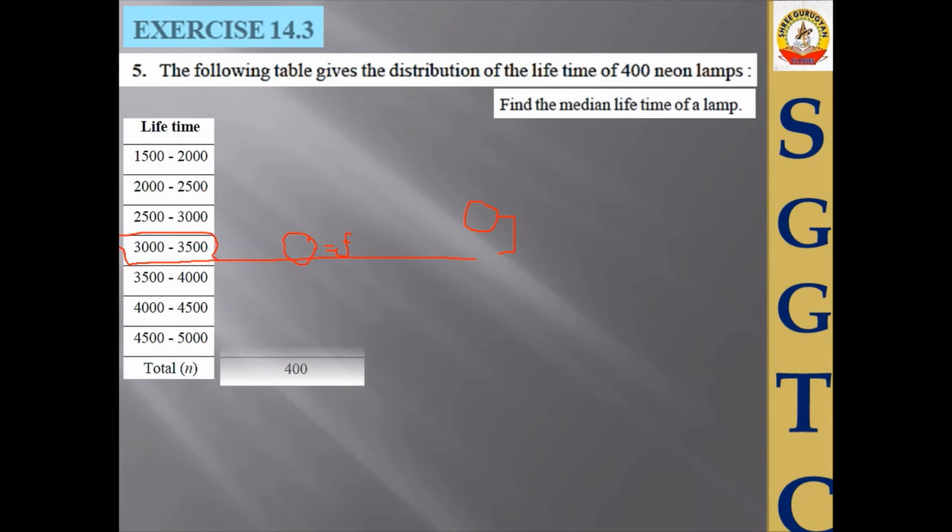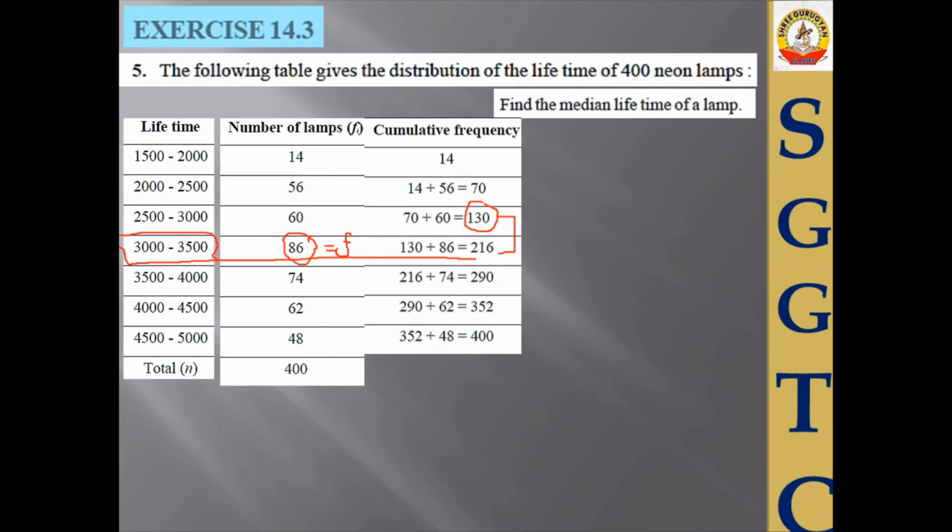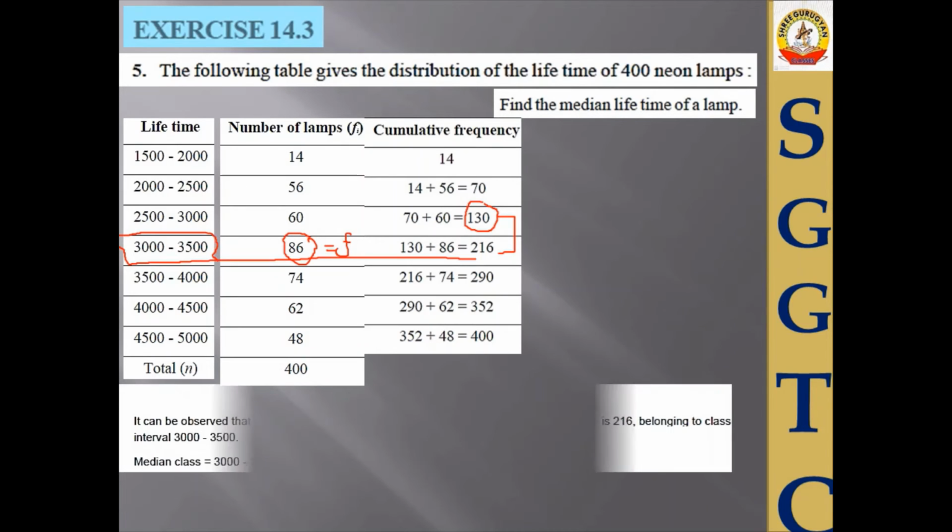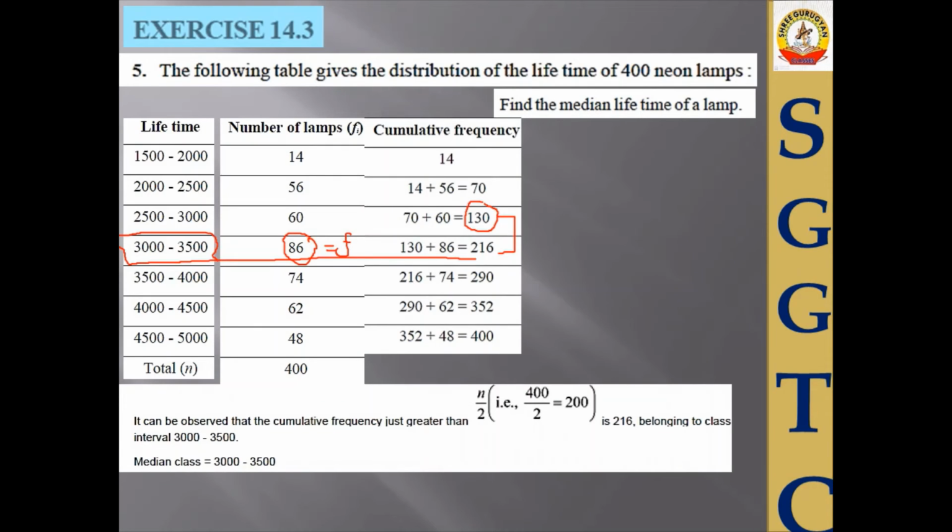14.3 question number 5. Our question 5 is also the same, with lifetime given, number of lamps and cumulative frequency. Students, here the total cumulative frequency at the end is 400, because the total frequency addition is 400. So I create 400 by 2, which means 200, and 200 surely belongs between 130 and 216.